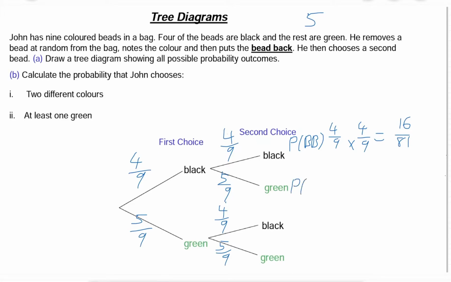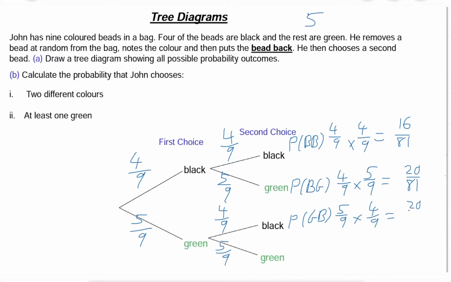Next one, the probability of black and green, we have 4 out of 9 times 5 out of 9. So we have 20 over 81. Next one, the probability of green and black, 5 out of 9 times 4 out of 9. That gets us 20 over 81.